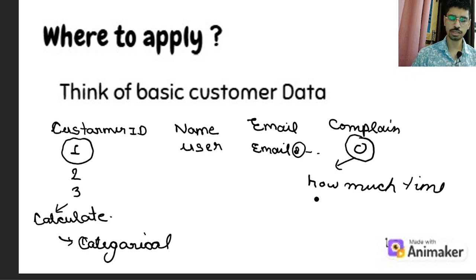After that, if we simply add all the complaints, then that information is very useful. It tells us how many complaints were filed in 3 months, in 6 months, or in 1 year. So we can say it is basically numerical data, and that's the basic real example of traditional data.